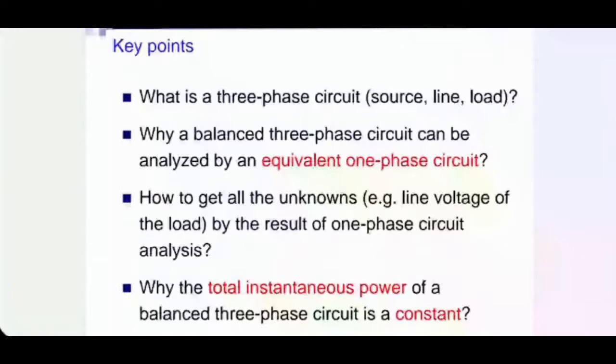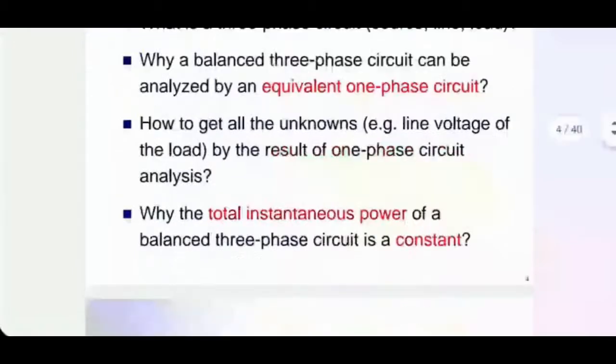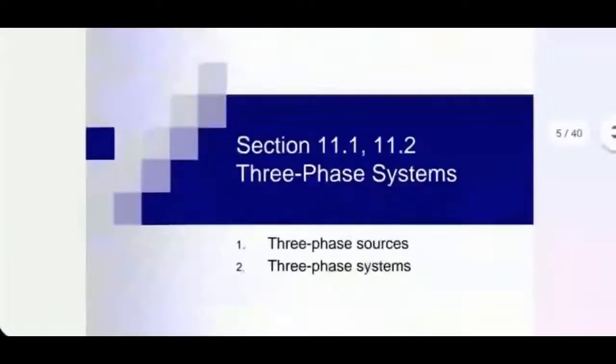Why the total instantaneous power of a balanced three-phase circuit is a constant, I tried to show you last time using mathematics. We'll go through that document once again. Line voltage is the voltage between the lines which are coming out of the system. Phase voltages are the voltages generated by the three generators.